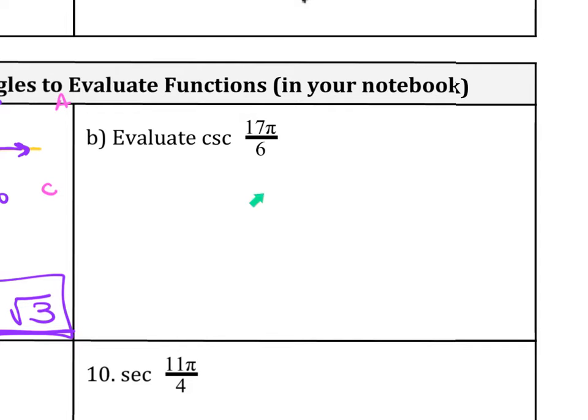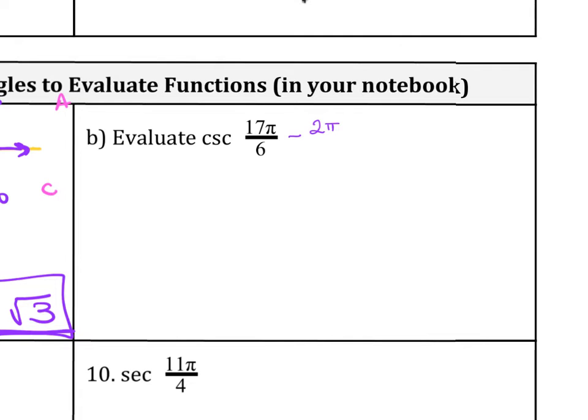Let's take a look at whether this is going to be greater than 2 pi or not. A full circle is 2 pi. So 6 goes into 17 more than 2 times, 2 and 5 over 6 times.